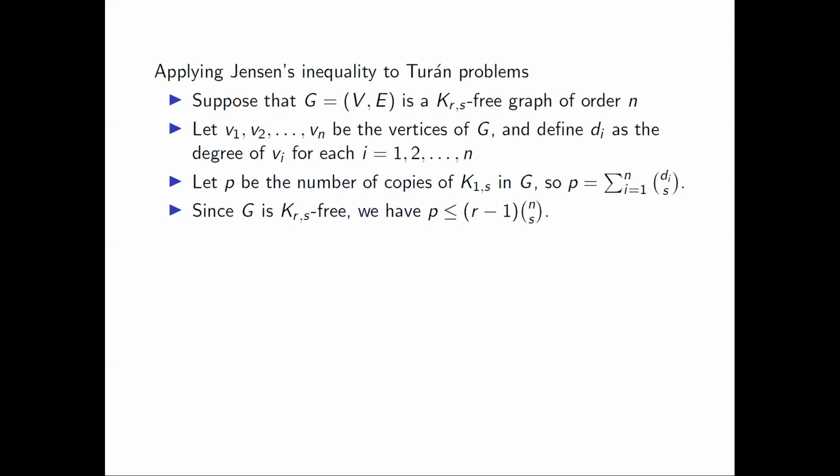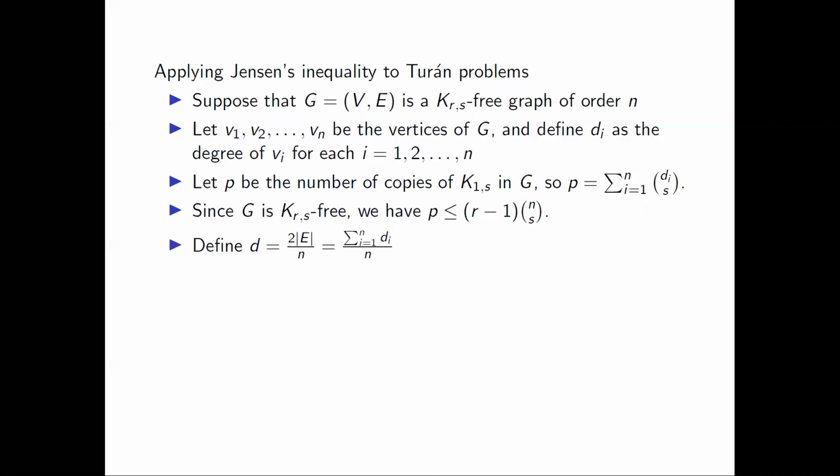If P was greater than or equal to R minus 1 times n choose s plus 1, by the pigeonhole principle, there would exist R vertices with the same s neighbors in G, and that would give us a copy of K_{R,S}, and that would contradict that G is K_{R,S} free. So that's why we get this upper bound of P is less than or equal to R minus 1 times n choose s.